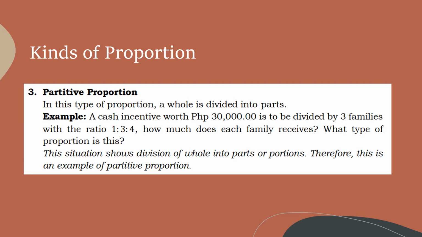Isang parte, 1/8 yon, 1/8 ay mapupunta sa 1, 3/8 ay mapupunta sa 3, at yung sa 4 ay 4 na parte ang makukuha. So kung i-divide natin yan, 30,000 divided by 8, that's 3,750.